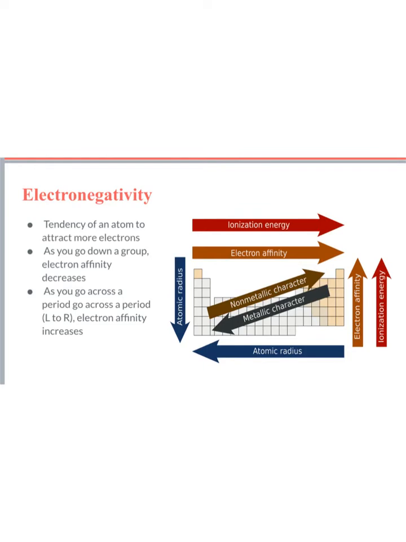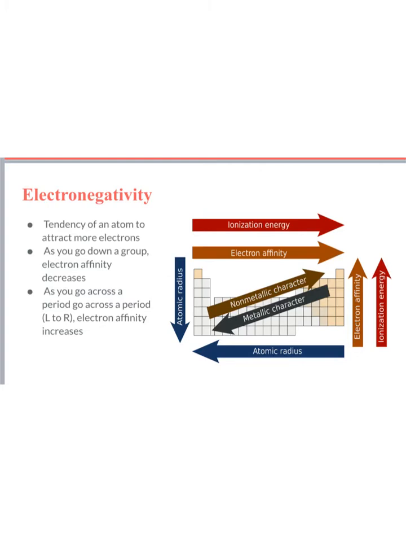Next, I'm going to talk about electronegativity, and that seems like a scary word, but there's a fairly simple definition. It's just the tendency, and remember another word for tendency is likelihood, the likelihood of an atom to attract more electrons. So that means if we have an atom and we want to see how likely it is to pick up an extra electron, as we move down a group, our electron affinity decreases.